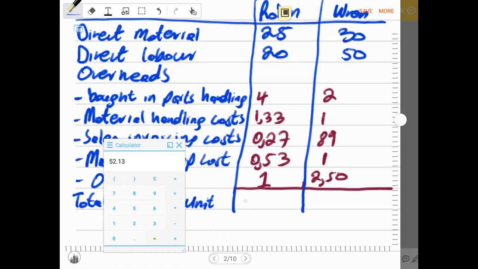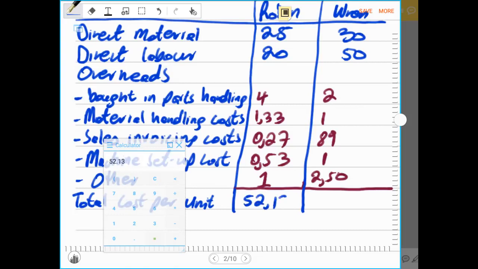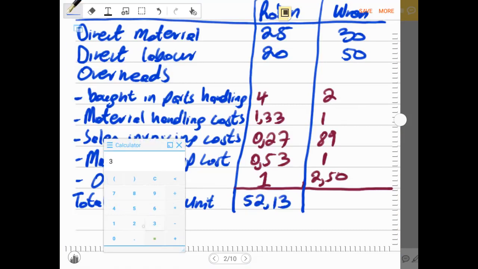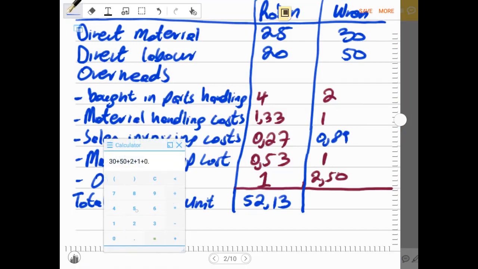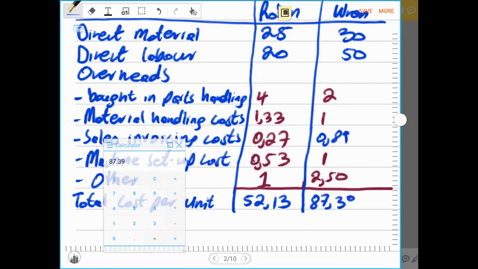The second one is 30 plus 50 plus 2 plus 1 plus 0.89 plus 1 plus 2 rand 50. Then the total is 87 rand 39 cents.